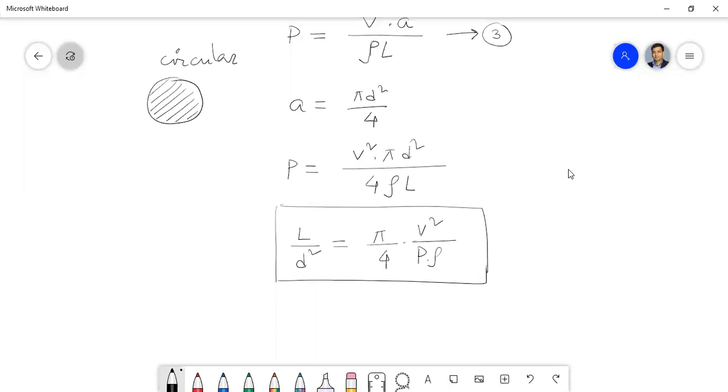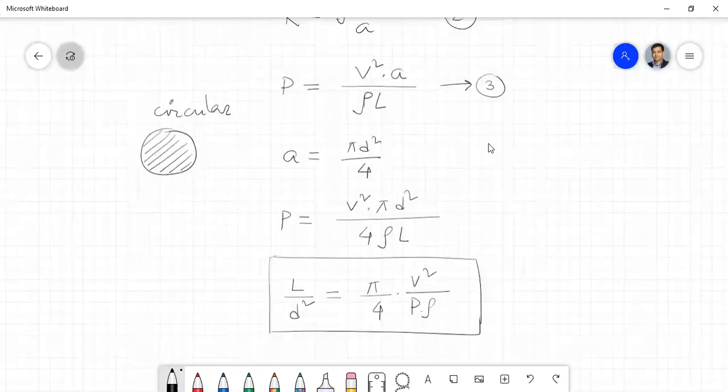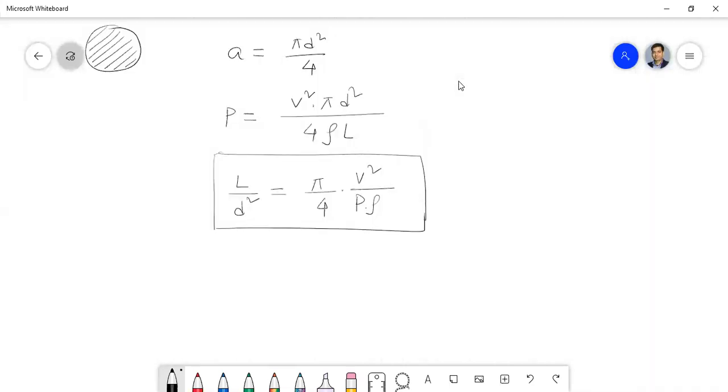Now we have determined only one expression. From one expression, two variables cannot be solved, that we know. So we need one more expression in terms of the design variables L and D, so that we can determine L and D. Now we have only one expression, that is L by D square equals pi by 4 V square by P rho.